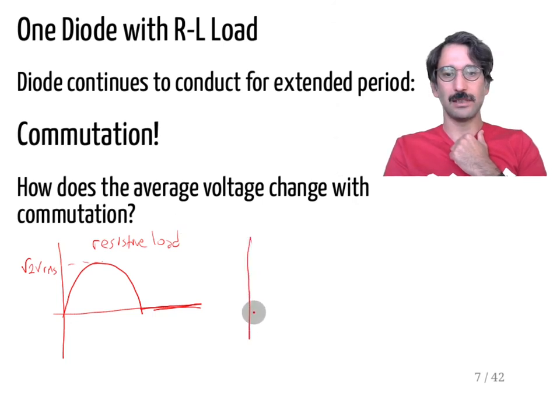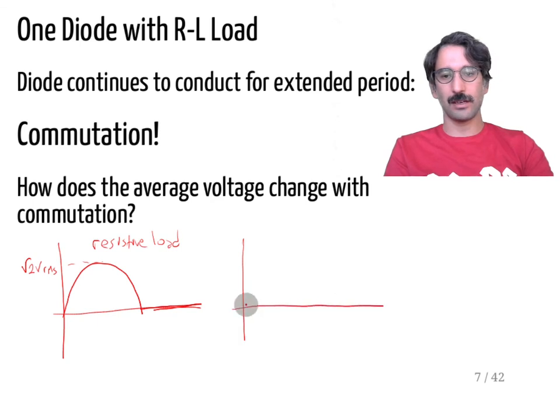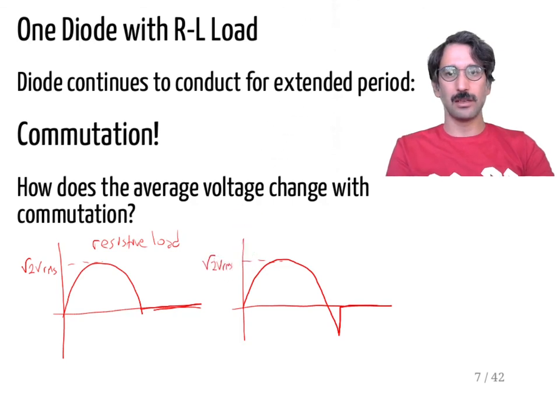With the RL system, basically now I have that kind of Vs. I still have the same peak, square root 2 VSRMS, but I have that area, and that part is the commutation period.